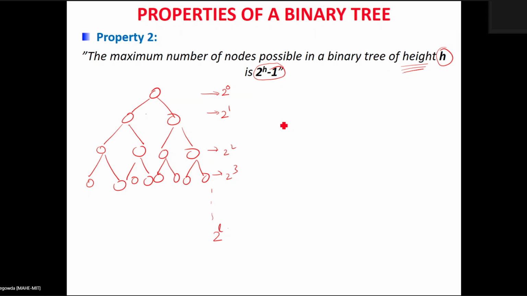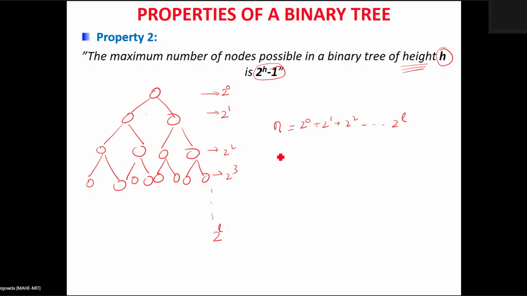The maximum number of nodes n is the sum of all the nodes which belong to the different levels: 2 power of 0 plus 2 power of 1 plus 2 power of 2 and so on, up to 2 power of L.